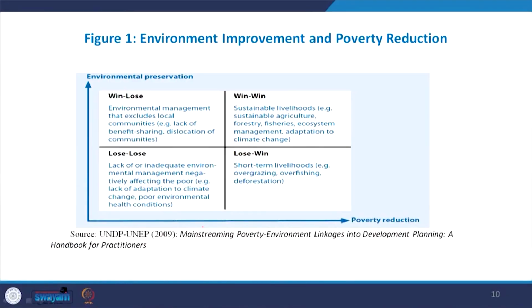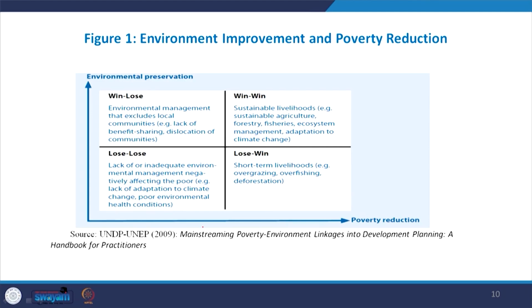Now, after understanding these three dimensions of poverty in context of environmental change, like opportunity, then capabilities, then securities. Now, we can discuss how the improvement in environmental conditions will affect the poverty reductions.